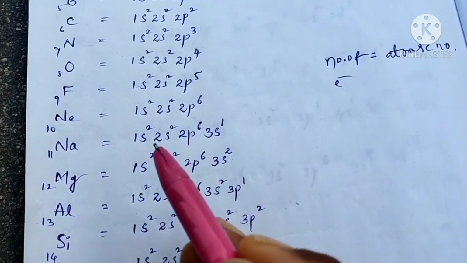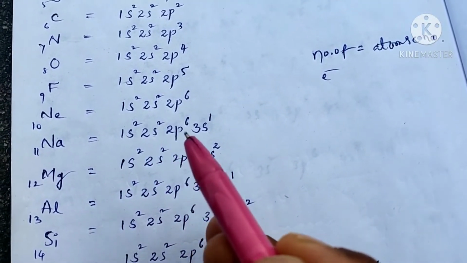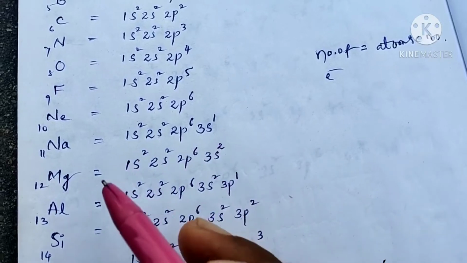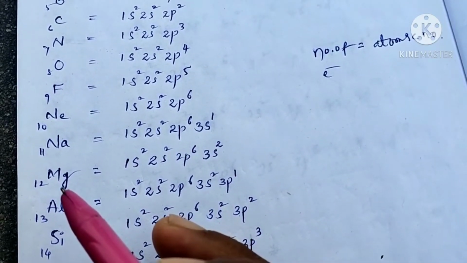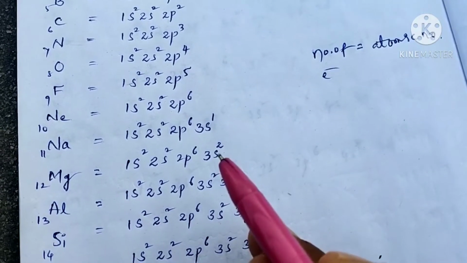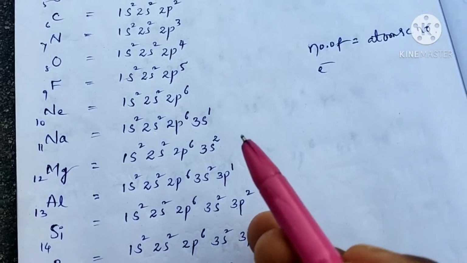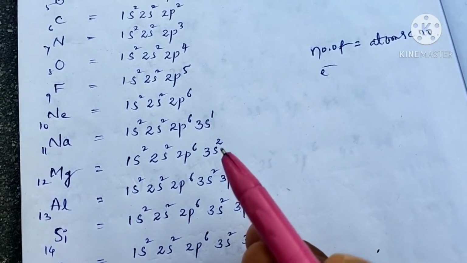So the configuration becomes 1s2 2s2 2p6 3s1. Magnesium, the atomic number is 12. So the next electron in s orbital becomes 3s2.